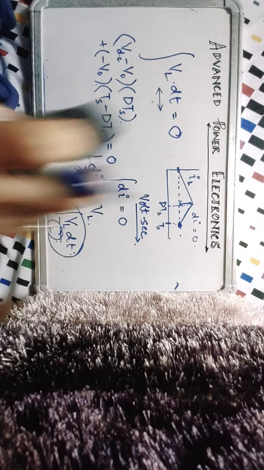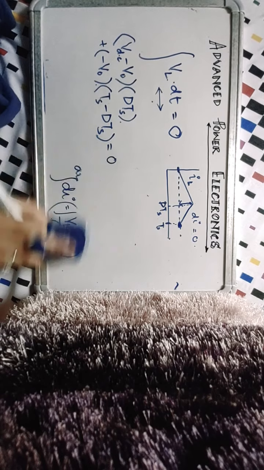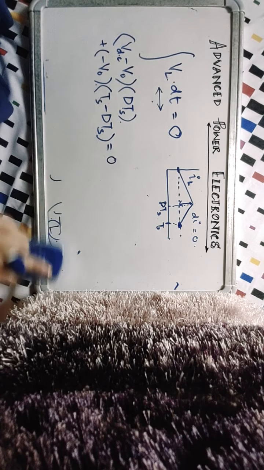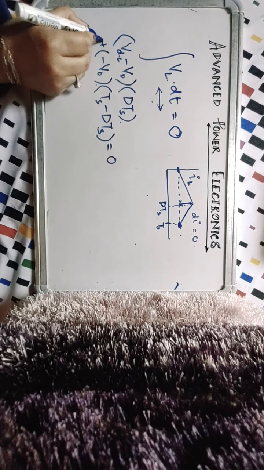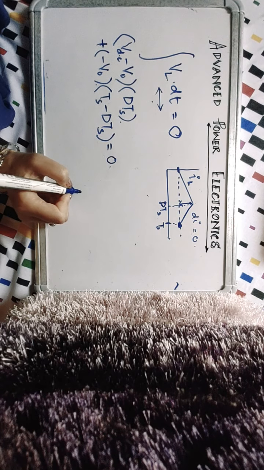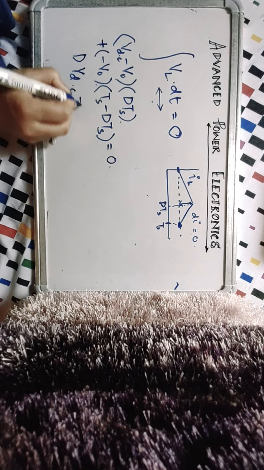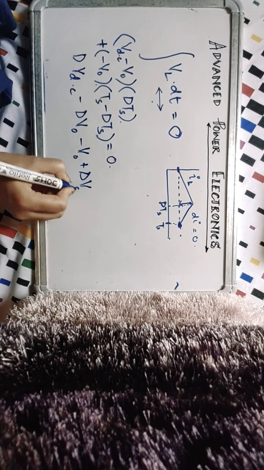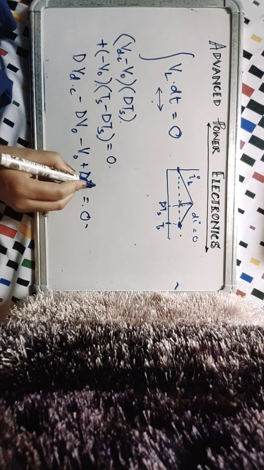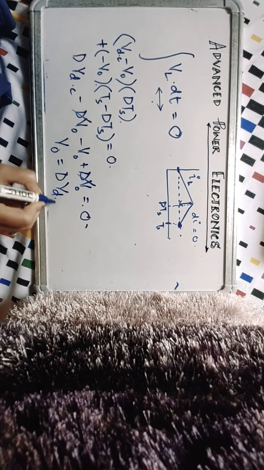So in each interval, you find the voltage across the inductor, multiply it with the time duration, add all these intervals together and equate the whole thing to 0. If you solve for this, you get D VDC minus D V0 minus V0 plus D V0 is equal to 0. So V0 is equal to D times VDC.